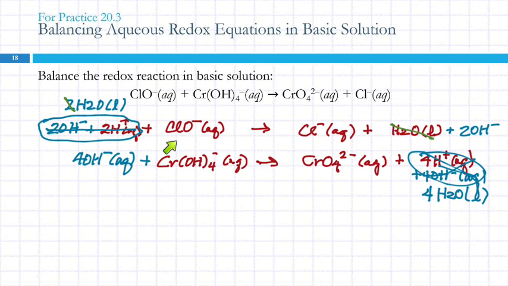So then charges, this side's -1, this is -1 and -2. So a total of -3 over here. Total of, well, let's see, -2, -1, -1. So I need to add 2 electrons, so -2, so that my charges add up to be the same. They'll be -3 on both sides.